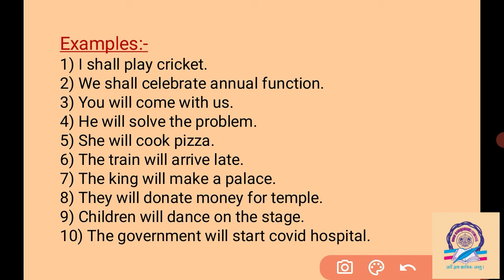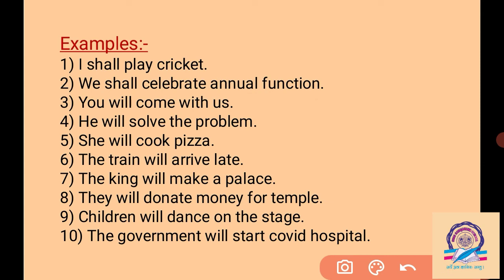But with I, we have to use shall here. Then second, the sentence beginning with the subject we. So we have to use shall with the verb. So we can say that we shall celebrate the annual function in the near future.